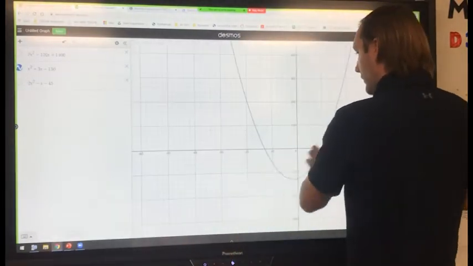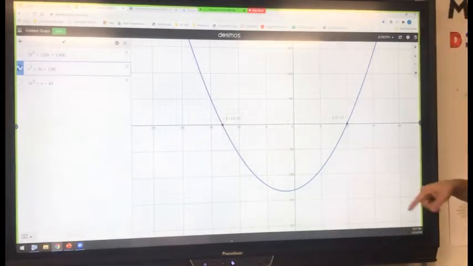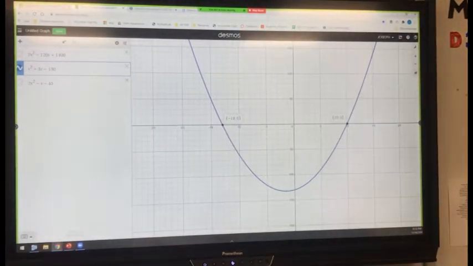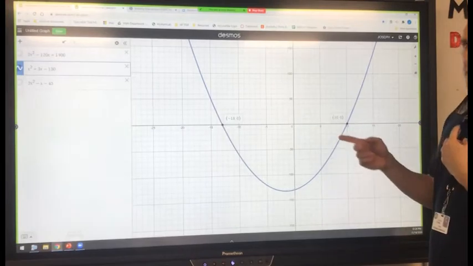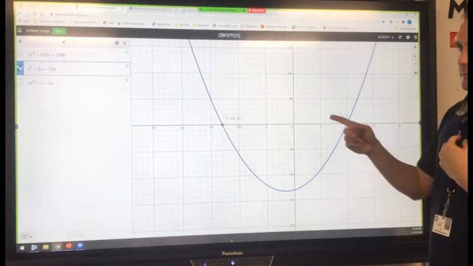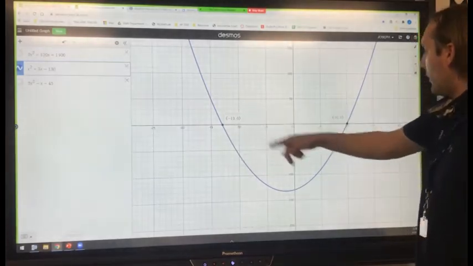So as I scroll over here, I see I have x-intercepts at negative 13 and 10. One of these I should throw away. Which one? Negative 13, why? Because we're working with distance, or direction. You know you're not going to have a negative number. So throw that away.